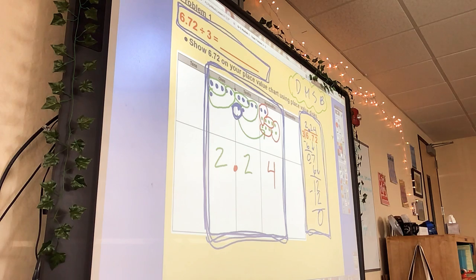Anytime you multiply, you multiply what's up here. Three goes into how many times?